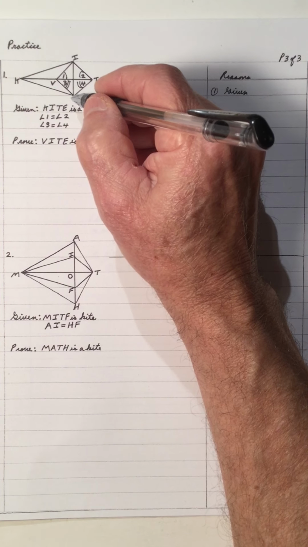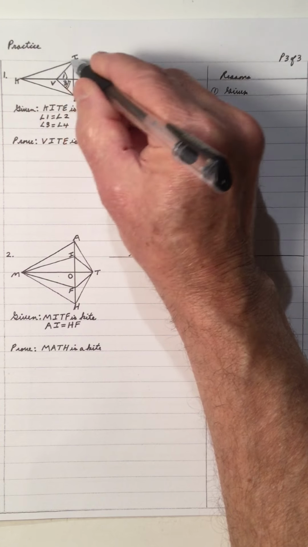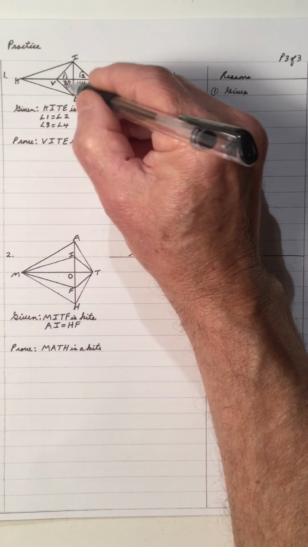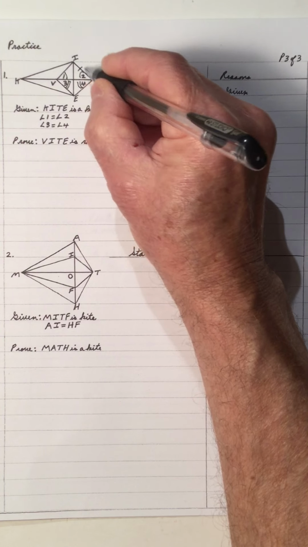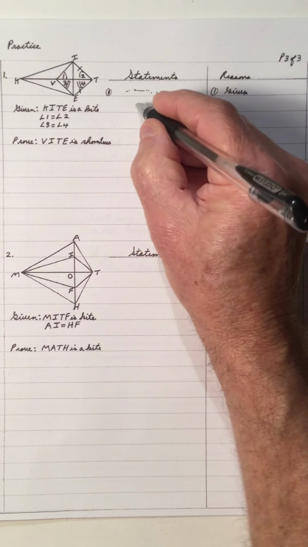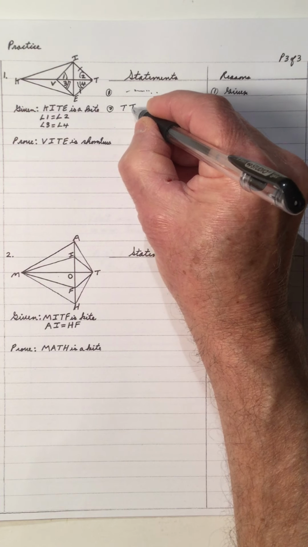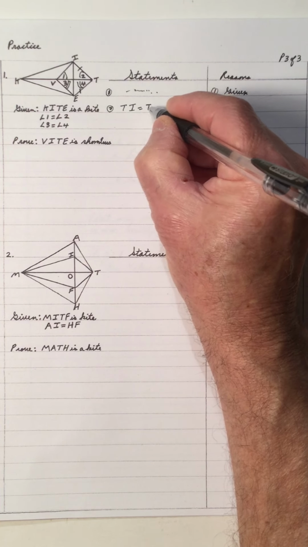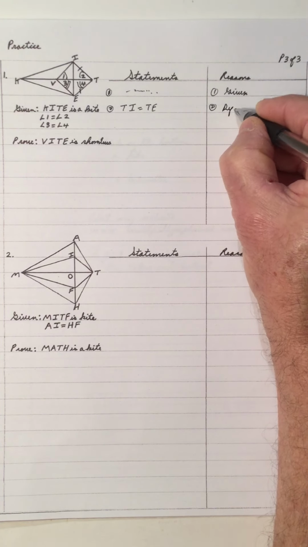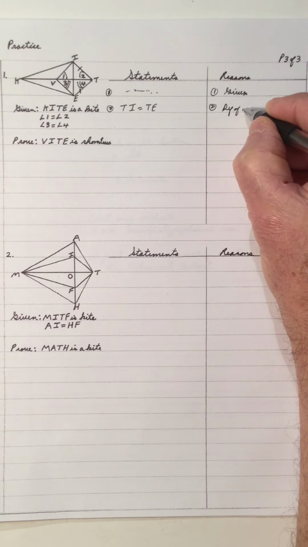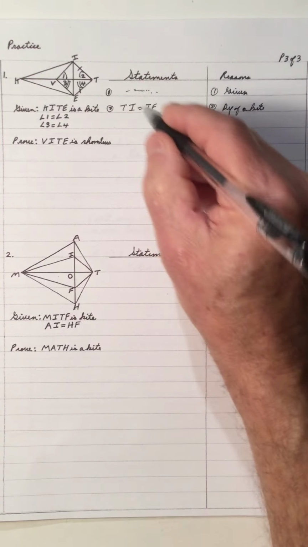So I have to prove that all the sides are equal. So KI and KE are not involved with the rhombus. So what I'll do is say that this side equals this side. So TI is equal to TE. Definition of a kite. Kite has adjacent sides equal.